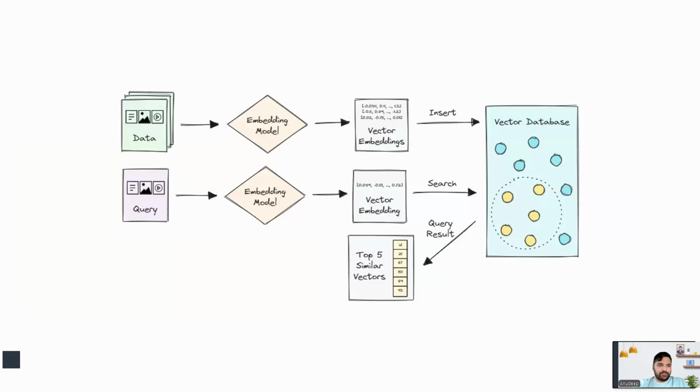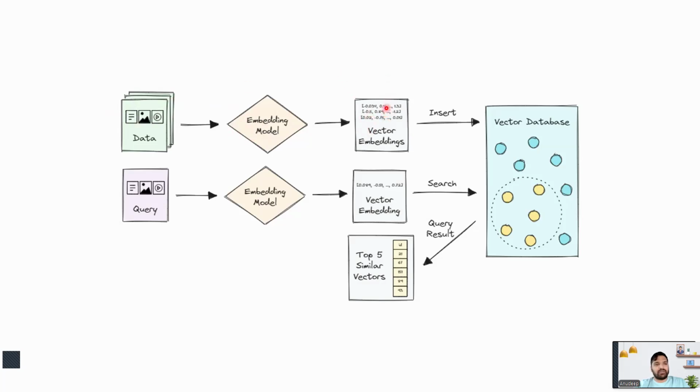Let's do one review of the entire thing that we just learned. Let's say we have a huge amount of data in multiple PDFs or .doc Word files. Now we use an embedding model on top of this data to convert it into vector embeddings.